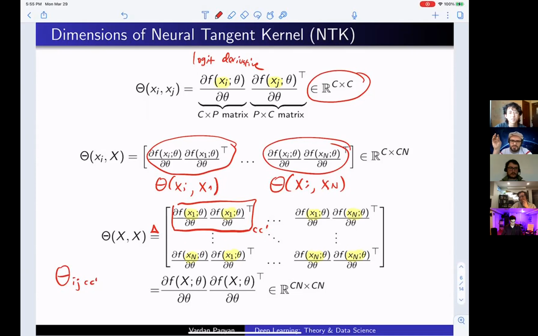But let me say this: the works that we're discussing are talking about infinite width networks. The work that you're looking at in your project is also talking about infinite width networks, right? Right. And there's a small but very subtle difference between the two in the assumptions that are being made.